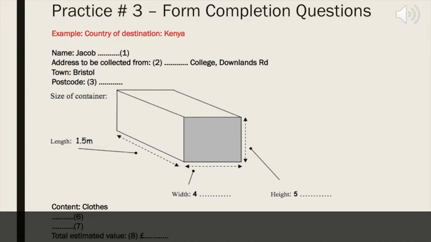Oh, yes, I know it. And the postcode? It's BS8 9PU. Right. And I need to know the size. Yes, I've measured it carefully and it's 1.5 metres long. Right. 0.75 metres wide. Okay. And it's 0.5 metres high or deep.